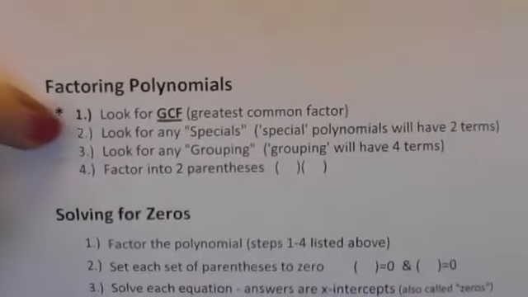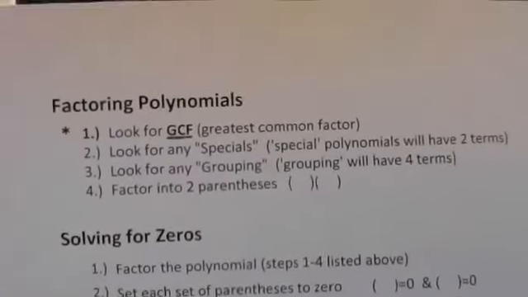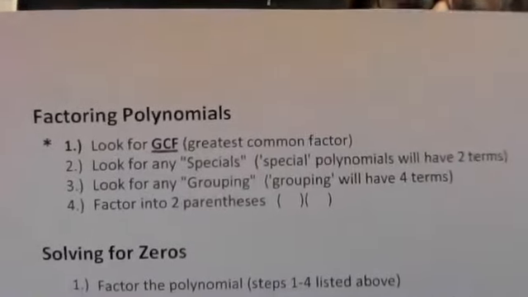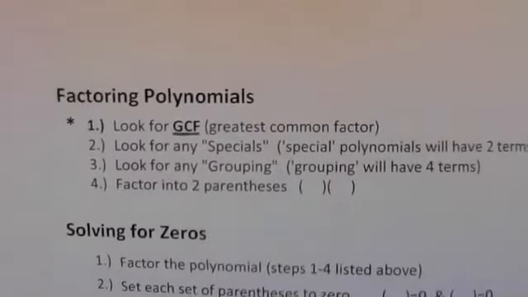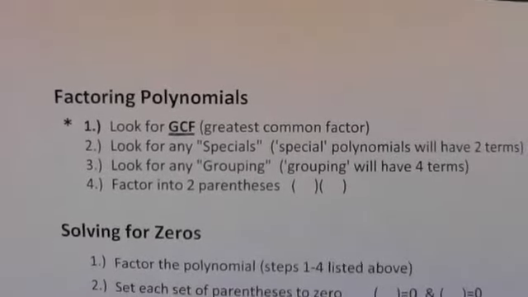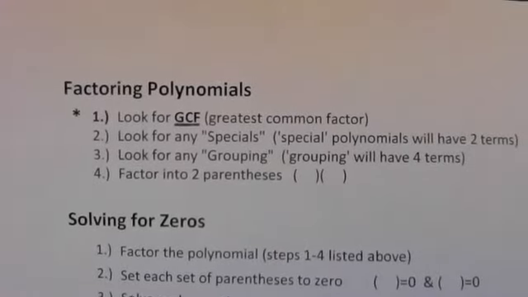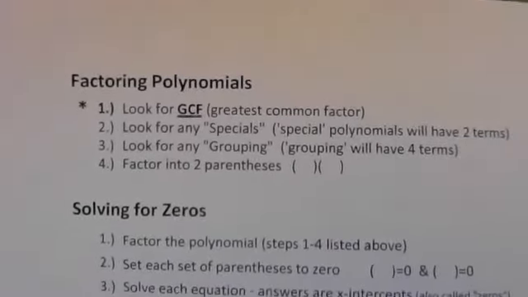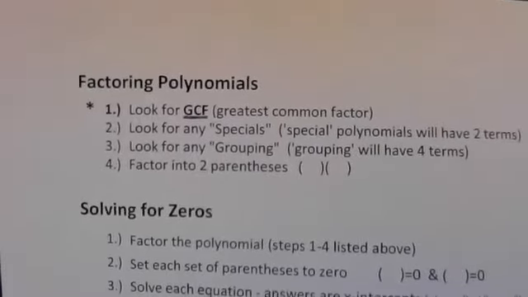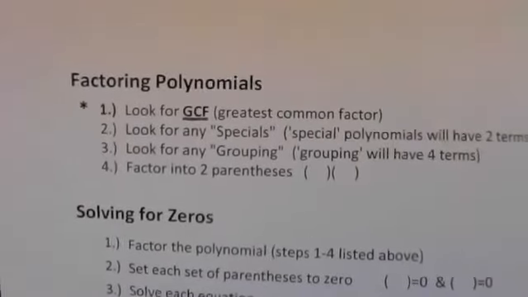Notice that step number 1, I put an asterisk on and underlined the GCF, because as you learn to factor your trinomials or polynomials, you practice so much on trinomials that don't have a greatest common factor that when they start to put one in your problems, you forget to look for it. So the very first step in factoring is always, always, always look for the greatest common factor. Most of the stuff you do today won't have them, but we will do some.